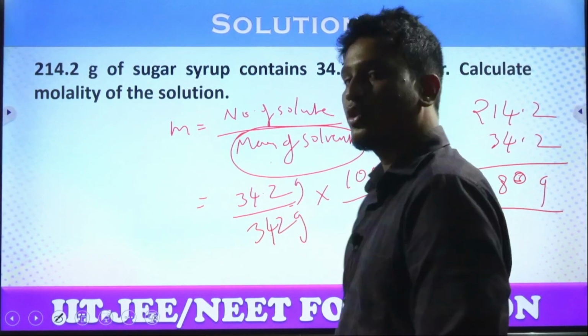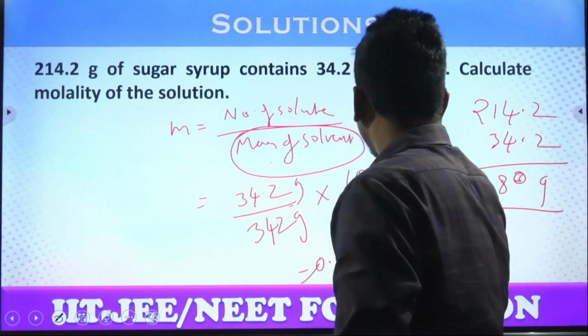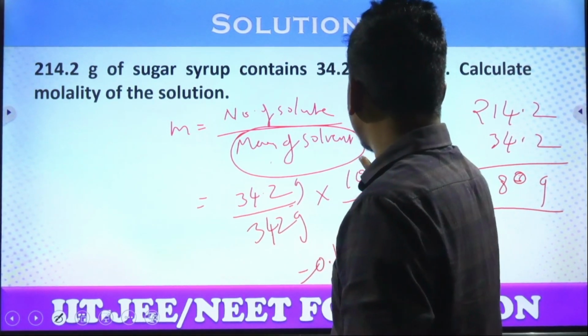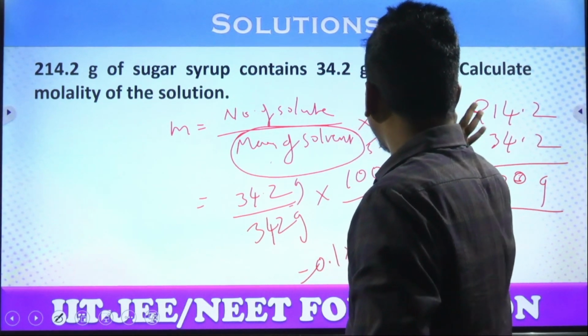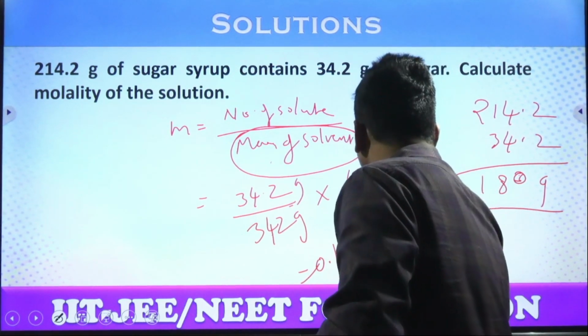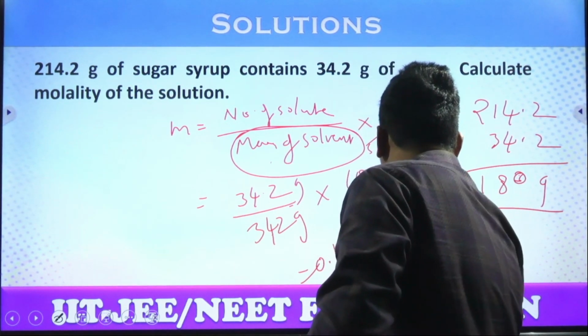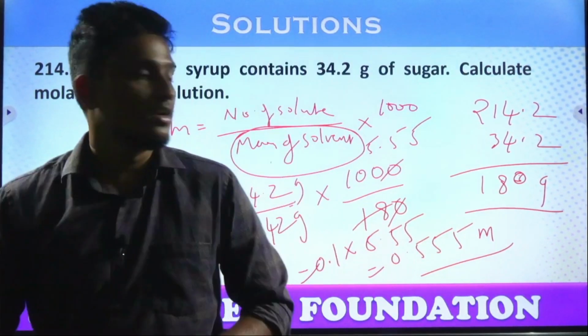So 34.2 by 342 is 0.1, and 1000 by 180, zeros cancel, 100 by 18, how much, students? 18 times 5 is 90, then again 5. So we get 5.55. So 0.1 into 5.55 is 0.555 small m, molal. This is the molal expression.